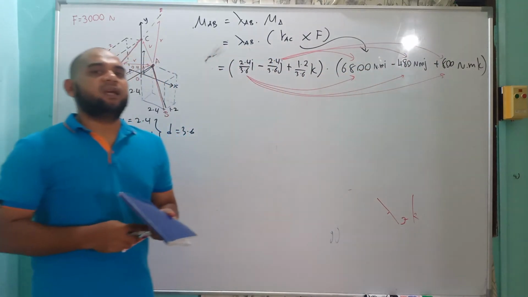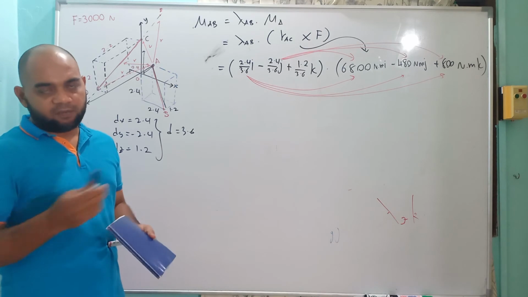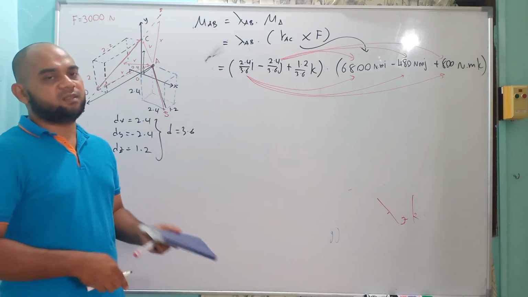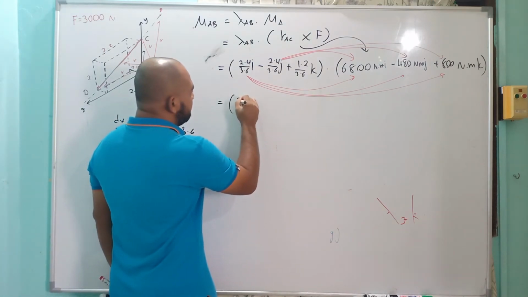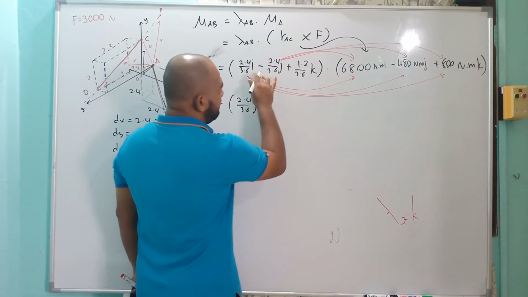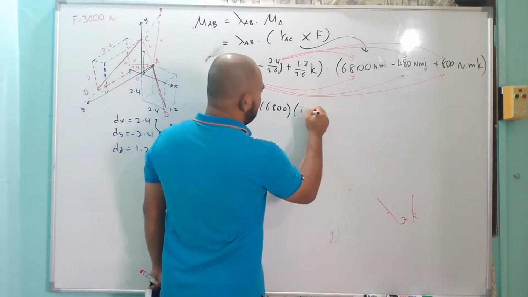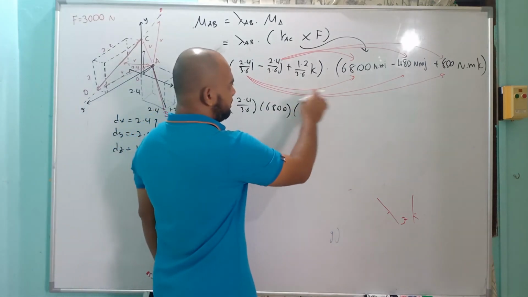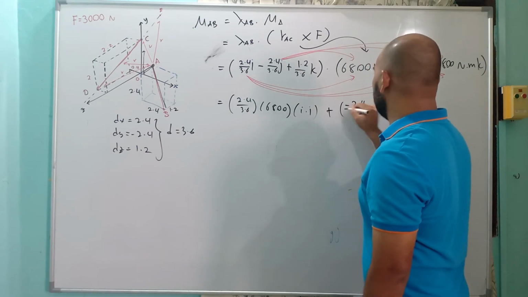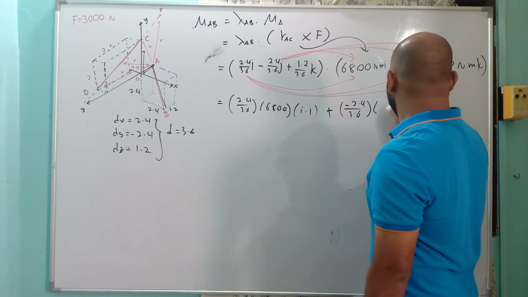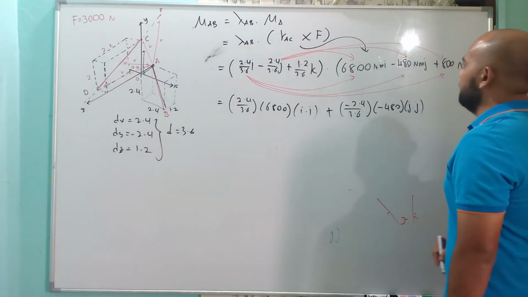But since we know that only I dot I, J dot J and K dot K will be 1 and the rest will be 0, we don't have to bother about the others and can go directly to I, J and K. So we have 2.4 divided by 3.6 times 800 I dot I, and the others are 0. Then minus 2.4 over 3.6 times minus 480 J dot J, and then the rest is 0.